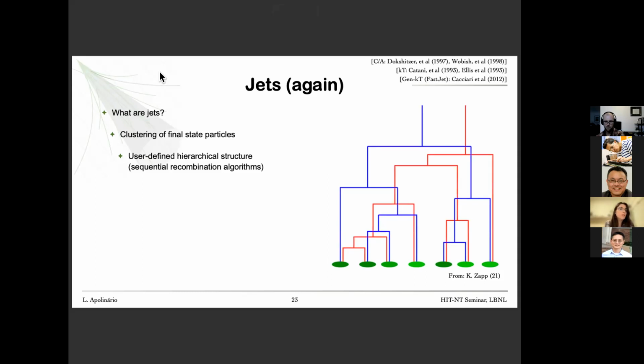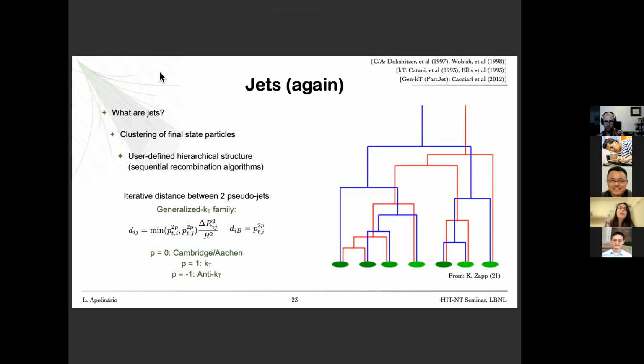Of course, if this user-defined recipe changes, the overall structure of my jets will change. The jet itself can change, but more substantially, its clustering history will change. We are familiar with the generalized kT family, which clusters particles based on the transverse momentum and the distance in rapidity and azimuth angle space.